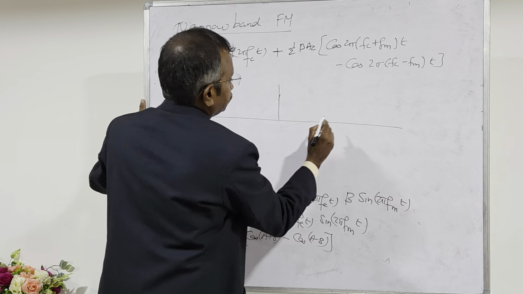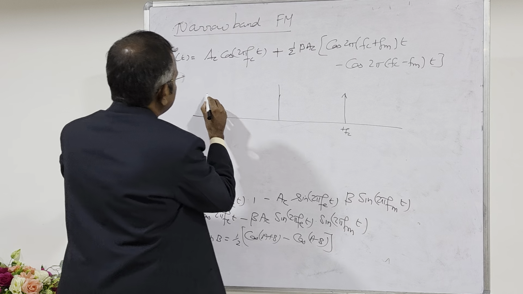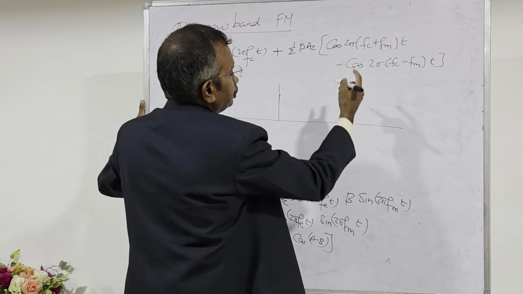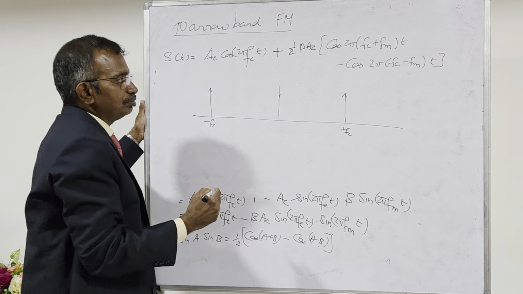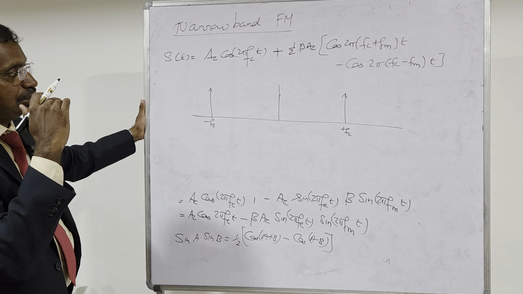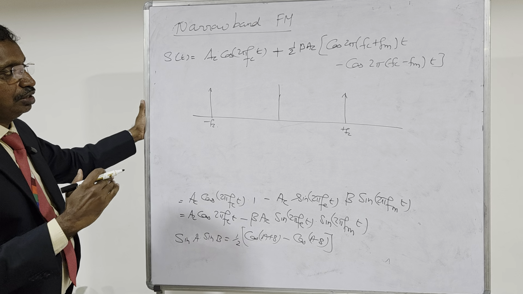I have an impulse at plus fc, then at minus fc, then for fc plus fm, we have the frequency components at δ(f − (fc + fm)) plus δ(f + (fc + fm)), divided by 2.